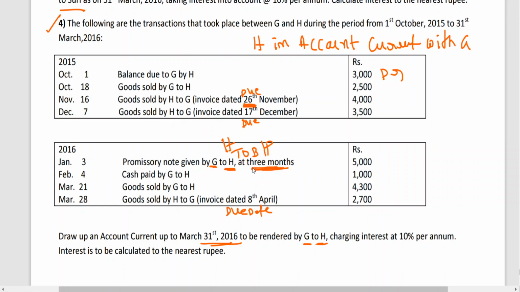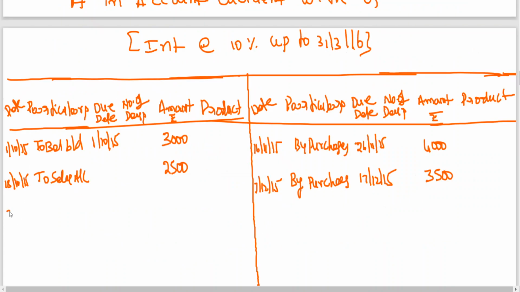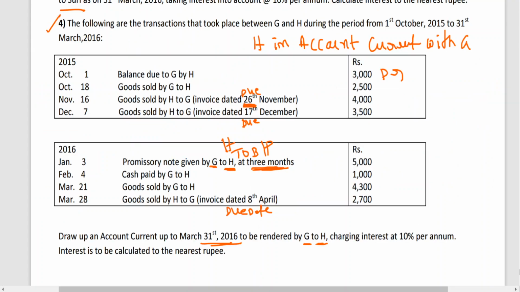At 3 months. So entry: H account to bills payable, January 3rd. Duration 3 months. Calculate the due date for this. 3rd January 16. For promissory notes or bills, we need to add 3 grace days and 3 months.